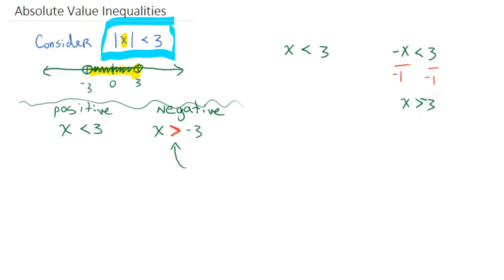Alright, so we saw it conceptually why it needs to be a greater than, and we saw it more algebraically why it needs to be a greater than. The bottom line is when you split an absolute value inequality into its two inequalities, the negative case inequality symbol is going to need to flip.